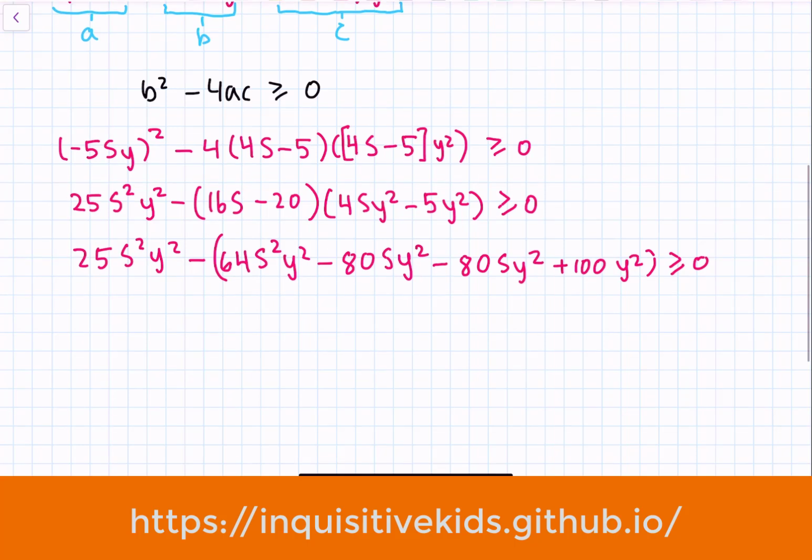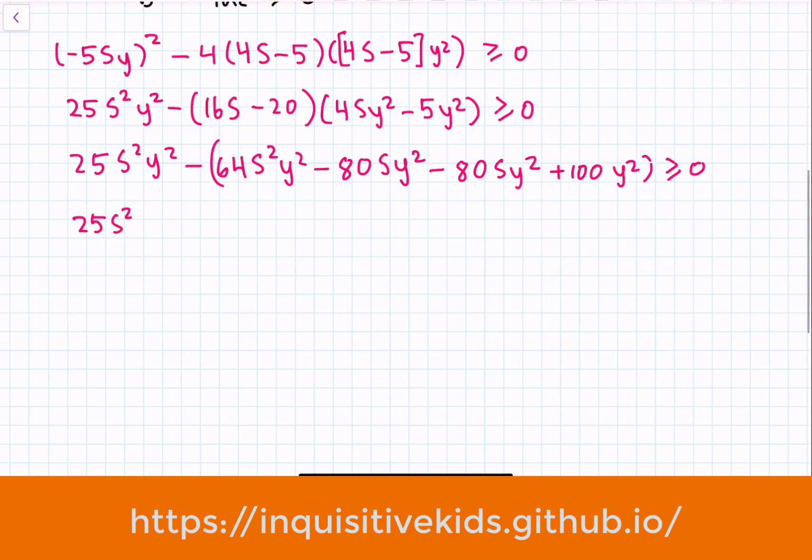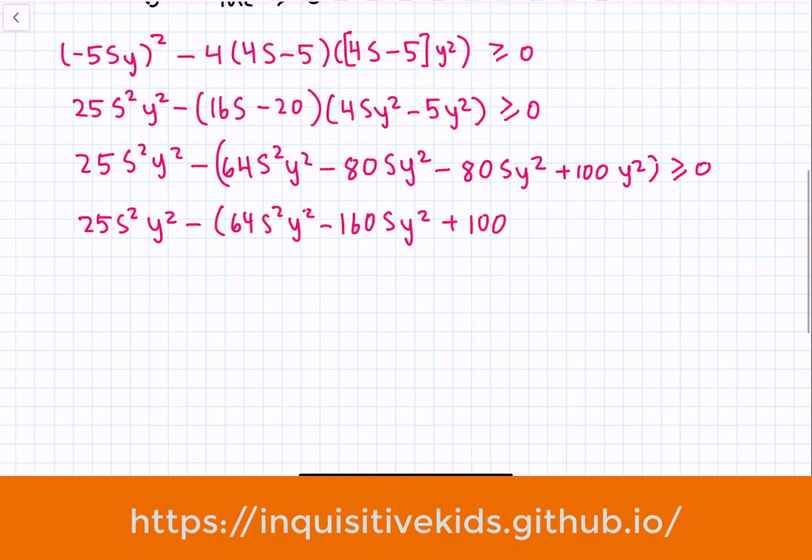And now we're going to distribute this negative 1 to the entire thing and simplify. So we have 25 s squared y squared minus 64 s squared y squared minus 160 sy squared plus 100 y squared is greater or equal to 0.